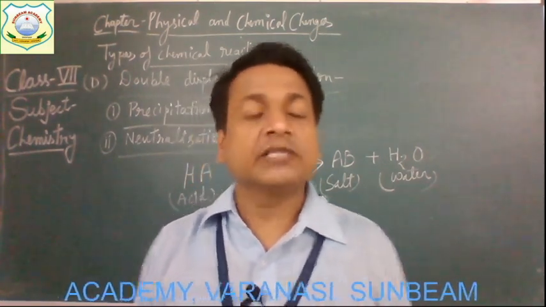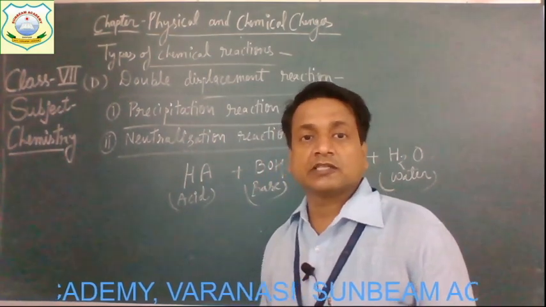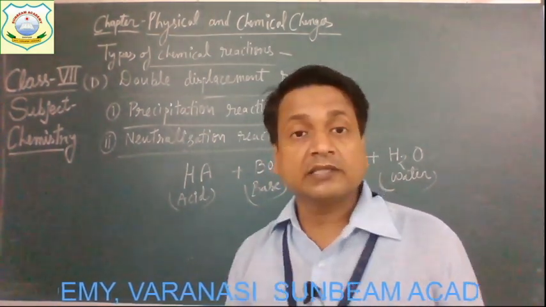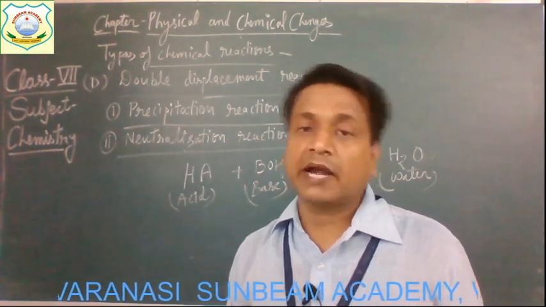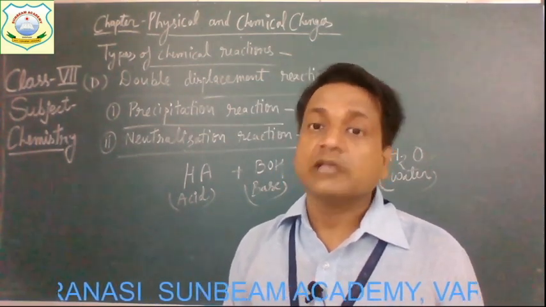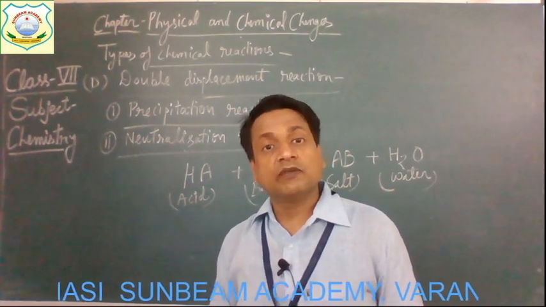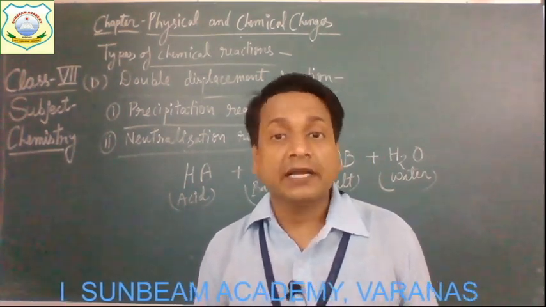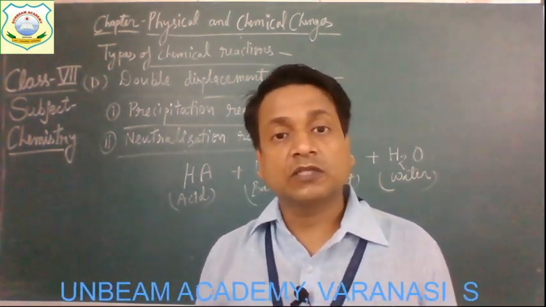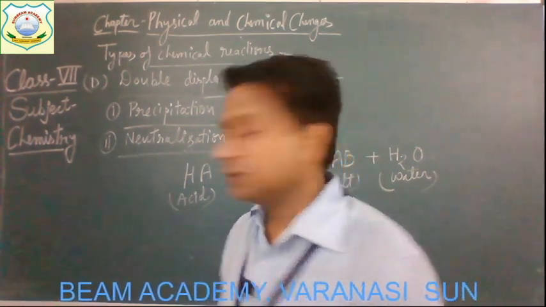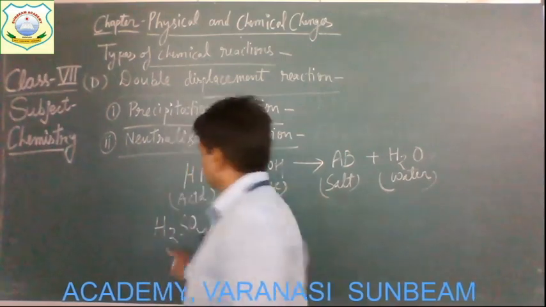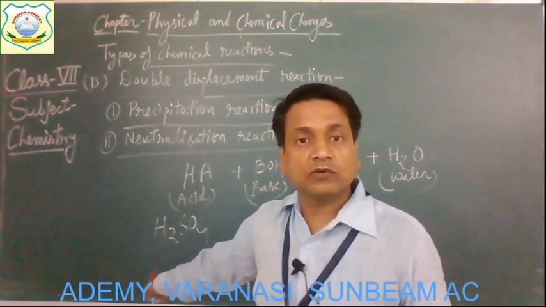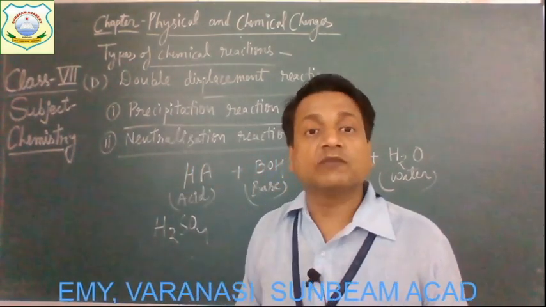Now take some examples of neutralization reaction. The first example is when sulfuric acid reacts with sodium hydroxide solution. It forms sodium sulfate, which is a kind of salt, and it also forms water. H2SO4, this is the formula of sulfuric acid.